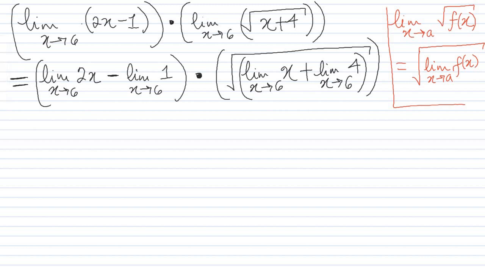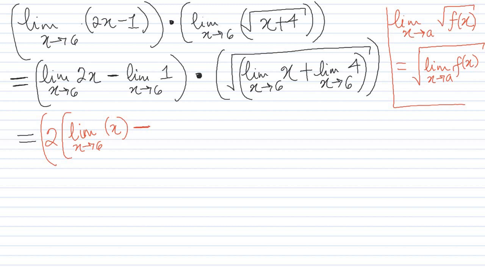So let's do this side first because it's easier. You have the limit of 2x minus 1. We're going to bring out the 2 and multiply by the limit as x goes to 6 of x, then minus the limit of a constant.